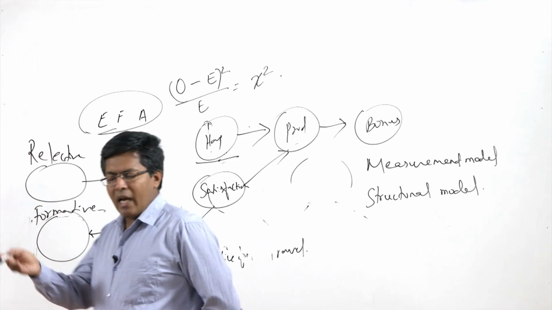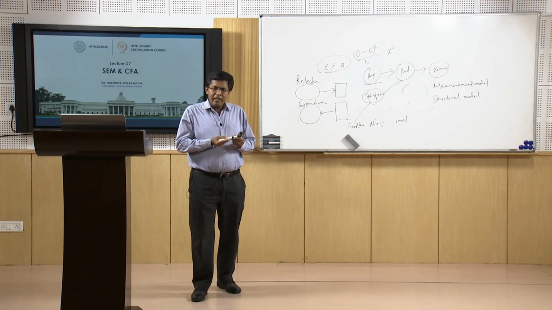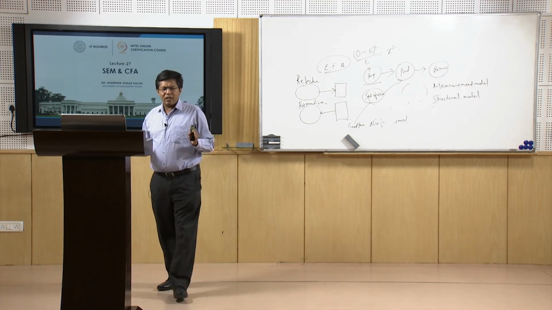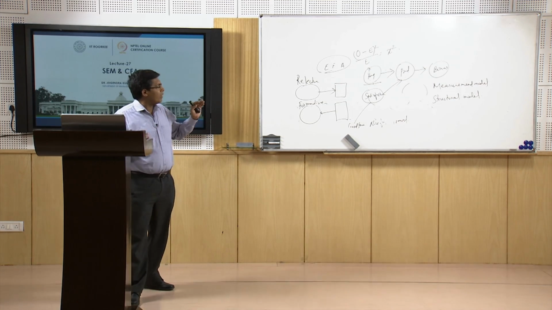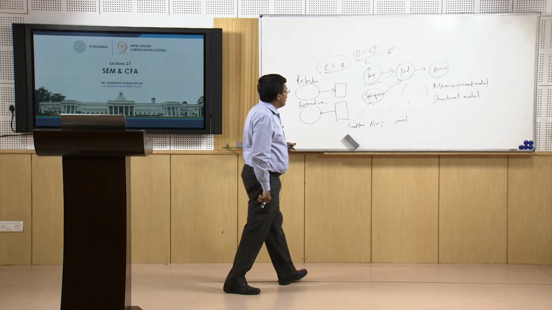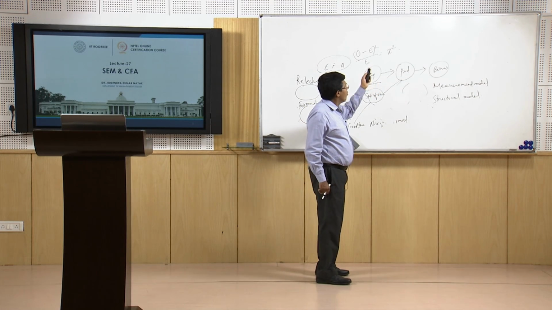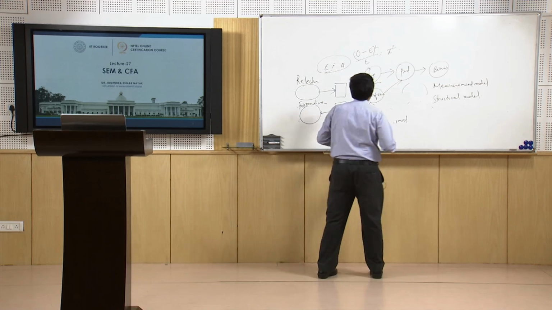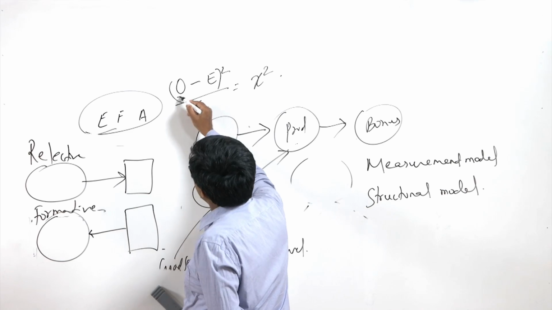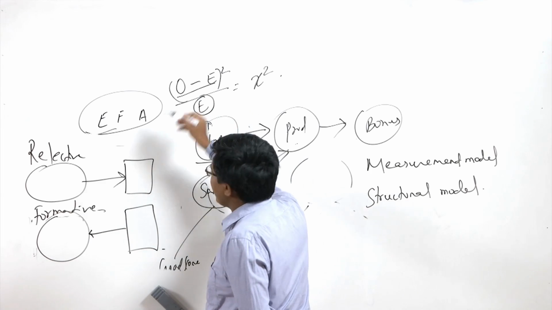As I said in the beginning of this session also, in structural equation modeling, chi-square becomes one of the most important things. It is used as an important tool. Now, if your chi-square value is large, it will be so only when either the difference between observed and expected is large, or expected becomes a very low value.